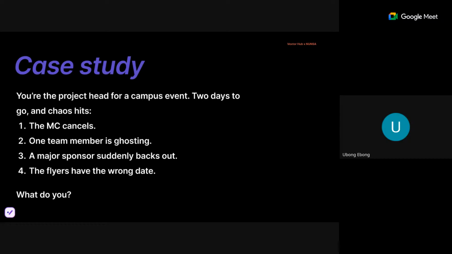If they've not shared out the flyer, which is not possible because it is two days to the event, they might have started making announcements earlier. Since you've already shared the flyer, and two days to the event you realize that the date on the flyer happens to be wrong, you simply go for a social media announcement of the new date.